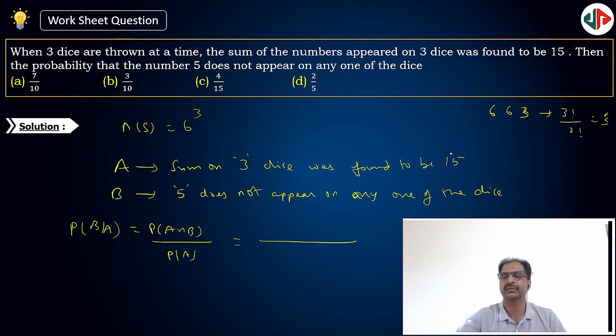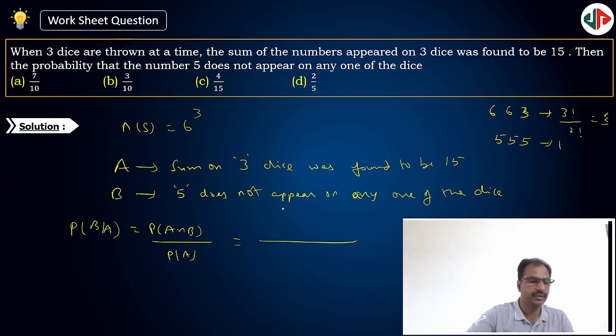That is 3 ways. Sum 15 with 5, 5, 5 can happen in only one way. Next, 6, 4, 5 can happen in 3 factorial ways, 6 ways. So for P of A, we have 10 favorable cases out of 216.